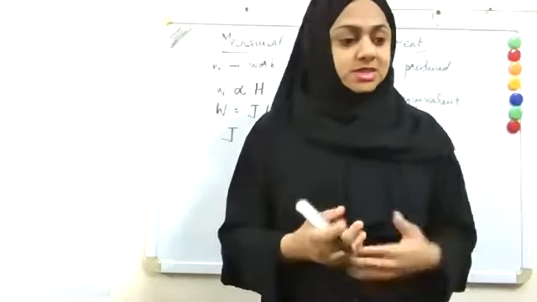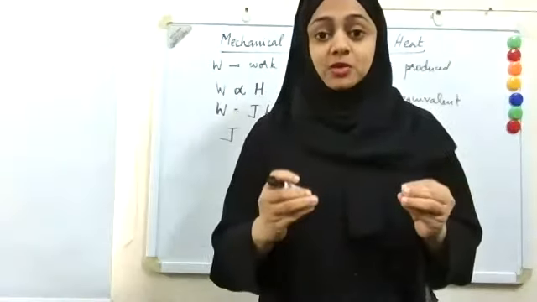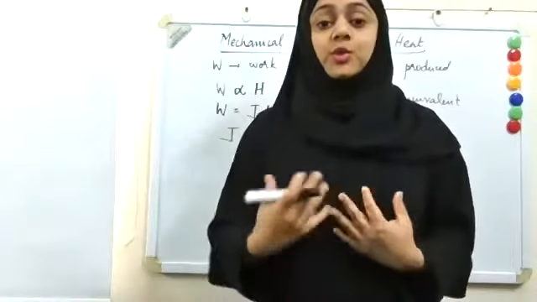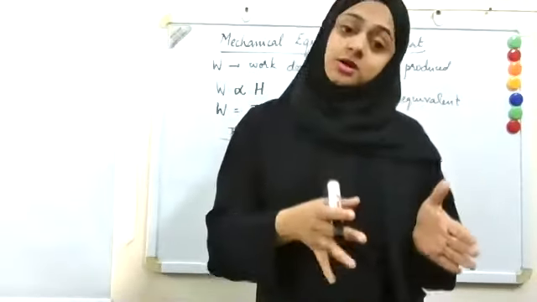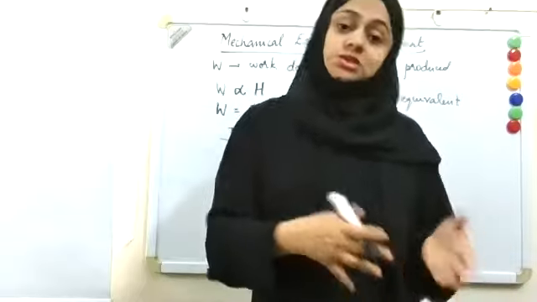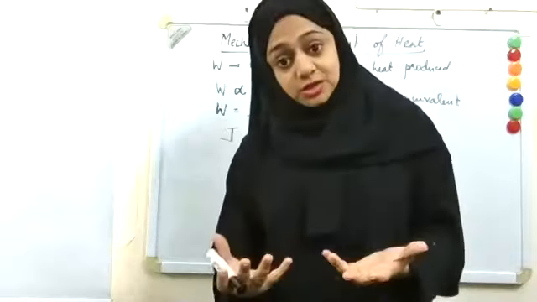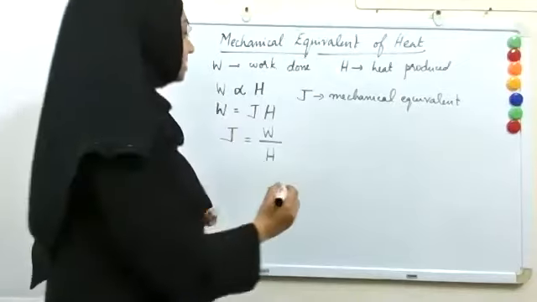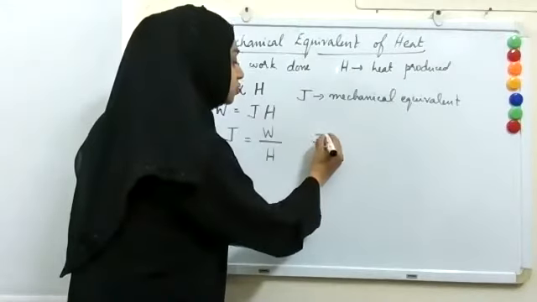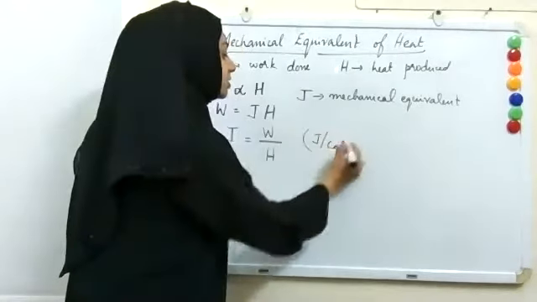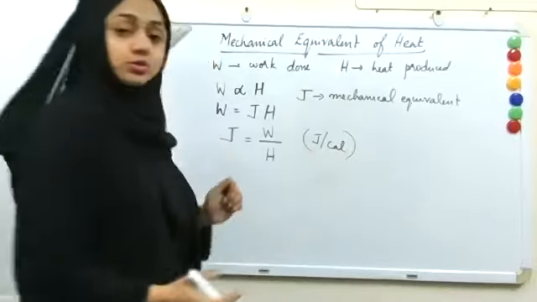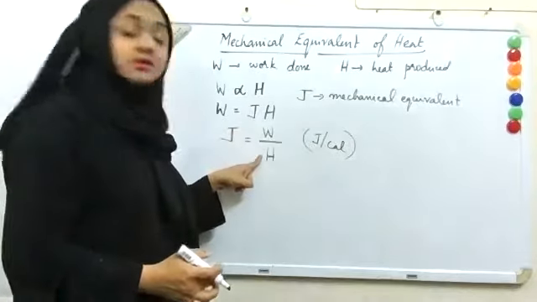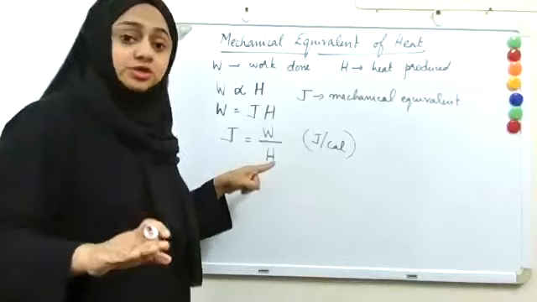Even now you can see in some food packets, the amount of energy is mentioned in calories. So whenever we mention work done in terms of joules and the amount of heat in calories, sometimes the unit of mechanical equivalent is mentioned as joule per calorie. So this is one of the unit of mechanical equivalent, but both work and heat energy has the same dimension.